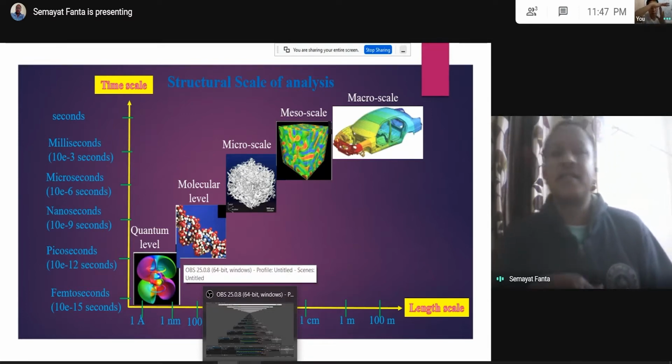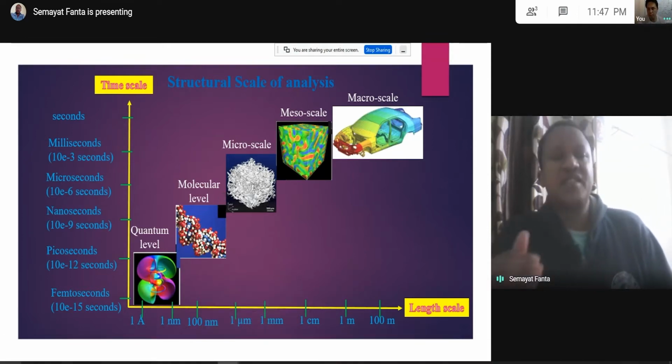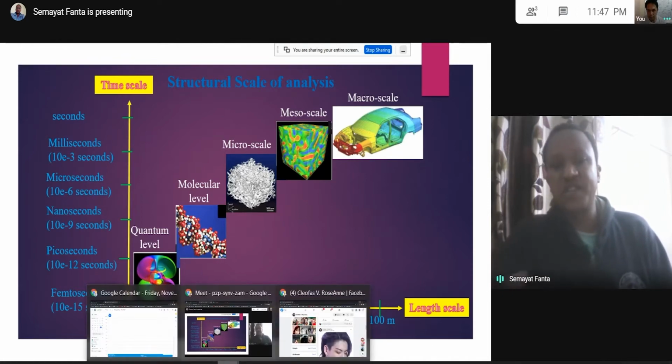So the structural scale is the analysis method by which we can categorize the structure from the lowest element, the atoms or quantum level, up to the structural level. The classification is also based on either time scale or length scale.